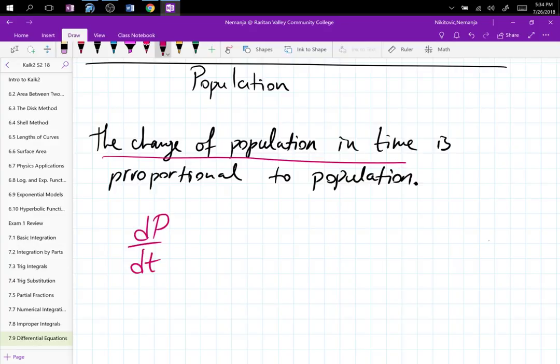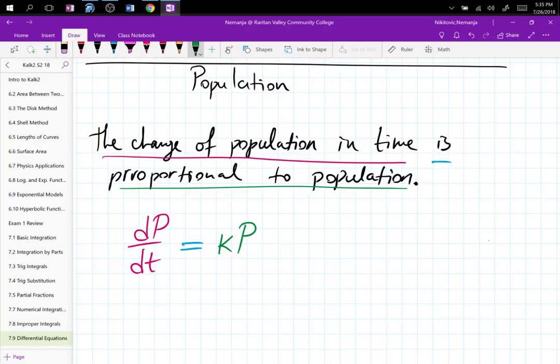You write that as a derivative. The word is, let's put that in blue, is an equal sign. So change of population in time is simply going to be denoted as the derivative dp/dt, and our word is equal. Proportional to population, let's go with, I guess green, is going to be kp.